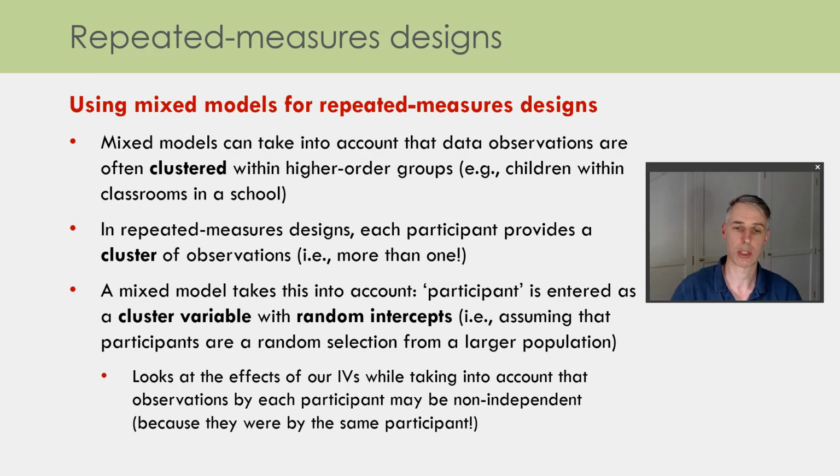So that's all that means. And what that allows us to do is look at the effects of our independent variables while taking into account the fact that our observations by each participant may be non-independent, because they're from the same participant.